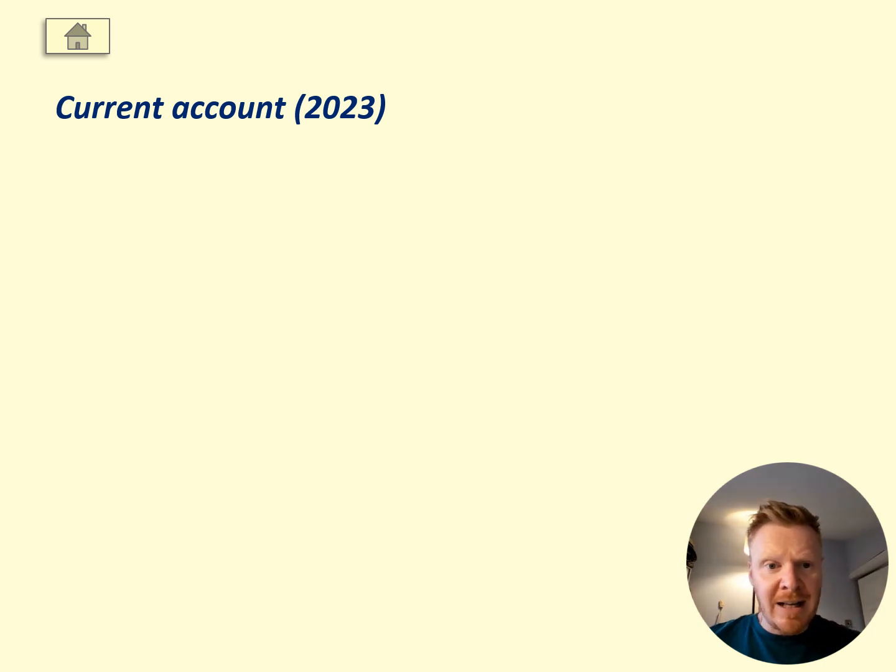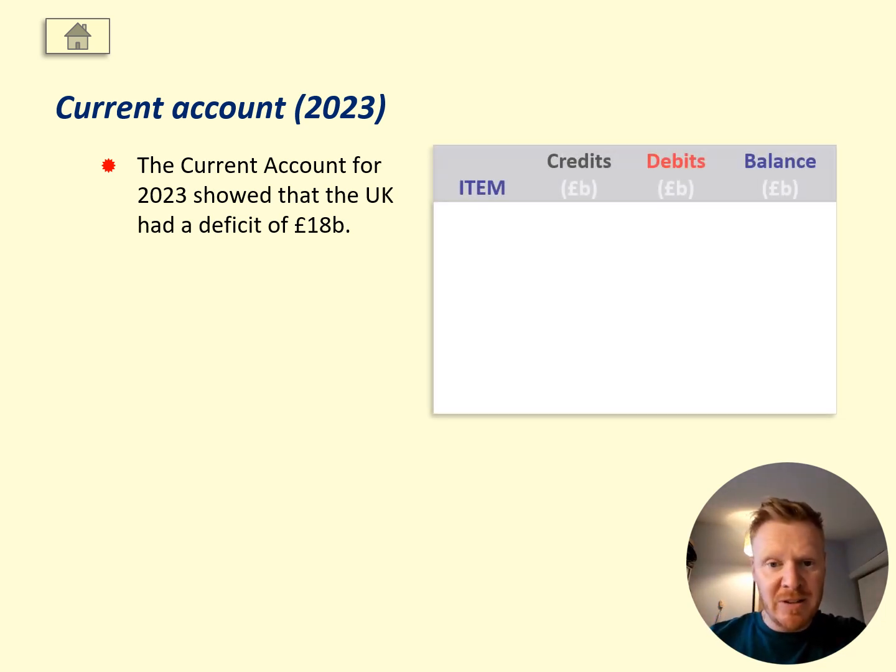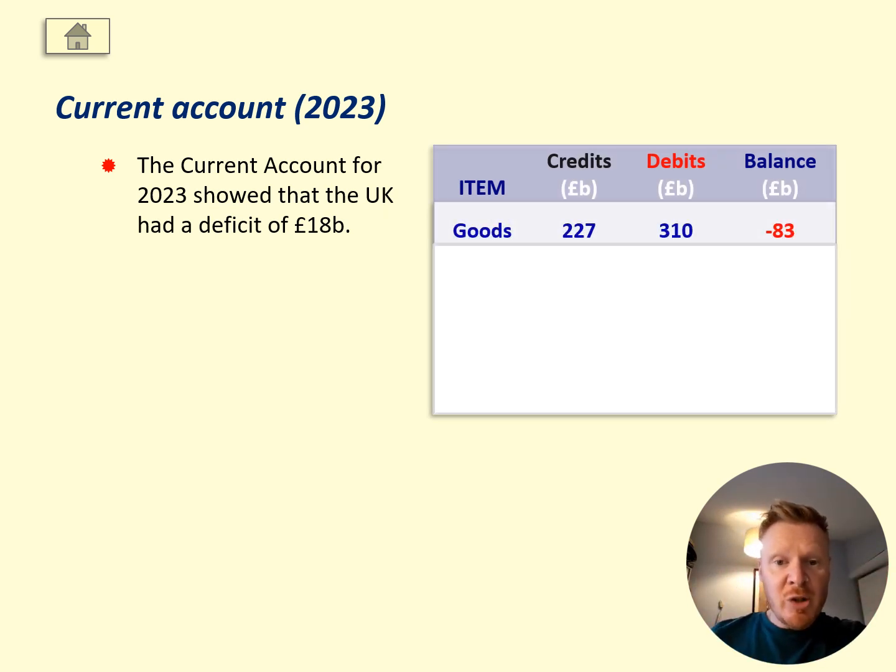So let's have a look at the current account for 2023. So in 2023, the UK was running a current account deficit of £18 billion. I've got a simplified version of it here. So goods, we're exporting £227 billion worth of goods, which is pretty good. But we've got a large appetite for the imports of goods, 310 billion.